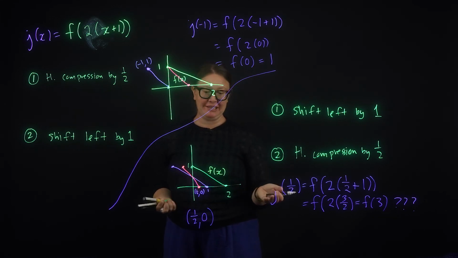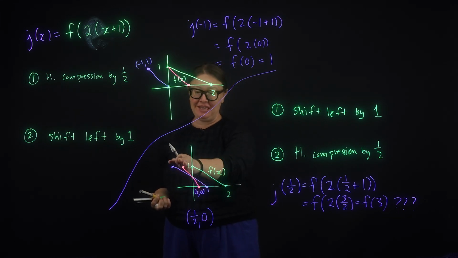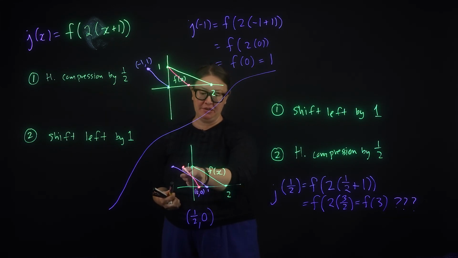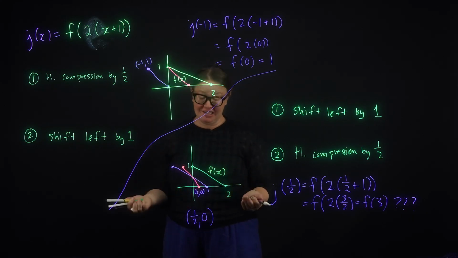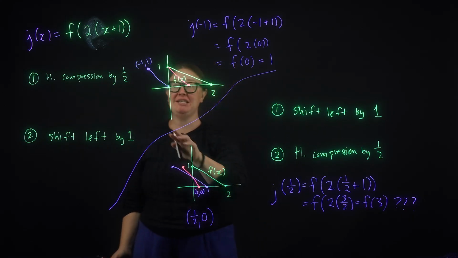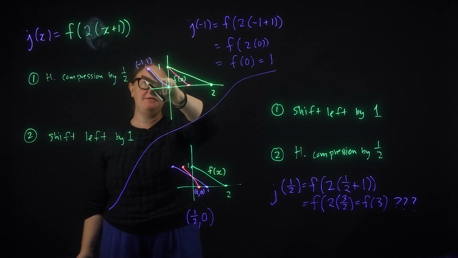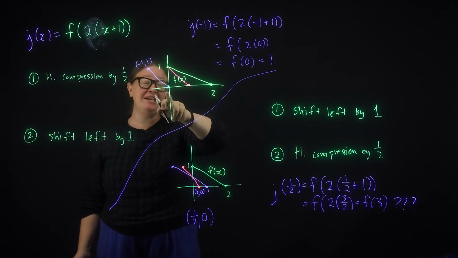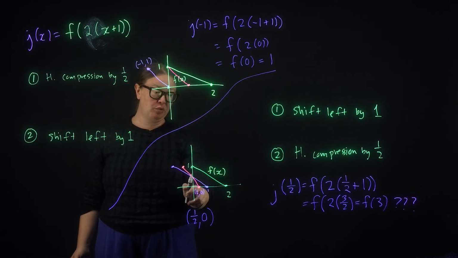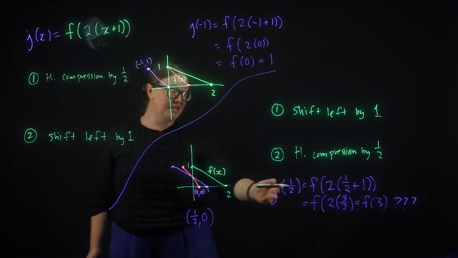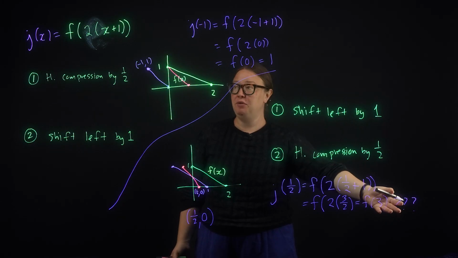And so what this is telling me is that graphically, this could not be what has happened. 1/2 is not something that I can deal with. And this makes sense because when we look at our correct final graph, we see that 1/2 is not actually in the domain here. And so when we tried plugging in 1/2 here, it makes sense that we get something we can't compute.